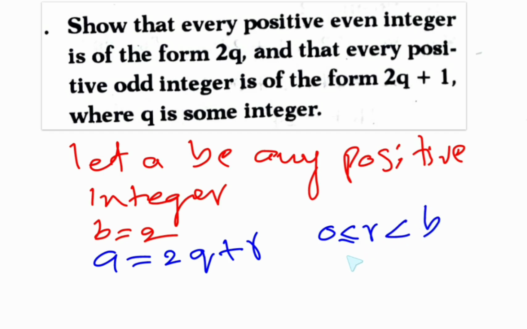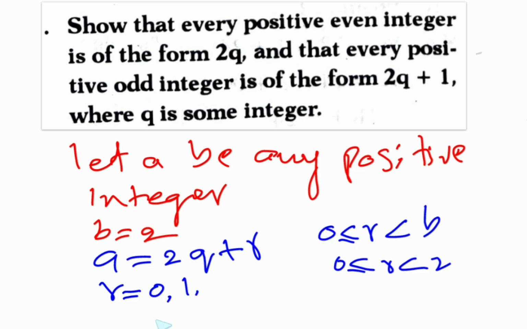Here b equal to 2 is given, so 0 less than or equal to r less than 2. That means r can be 0 or 1.